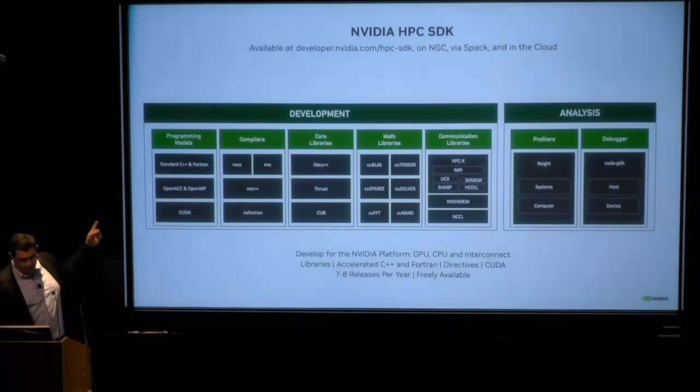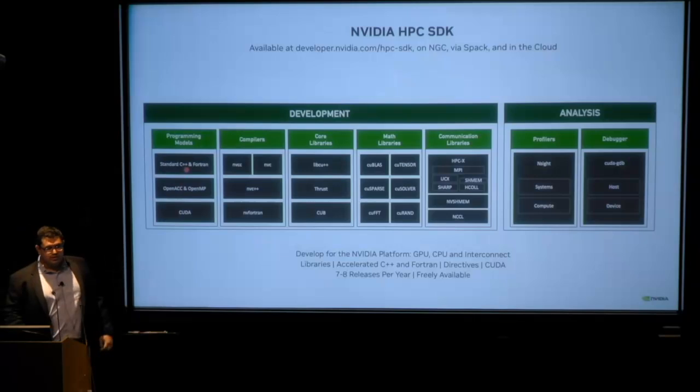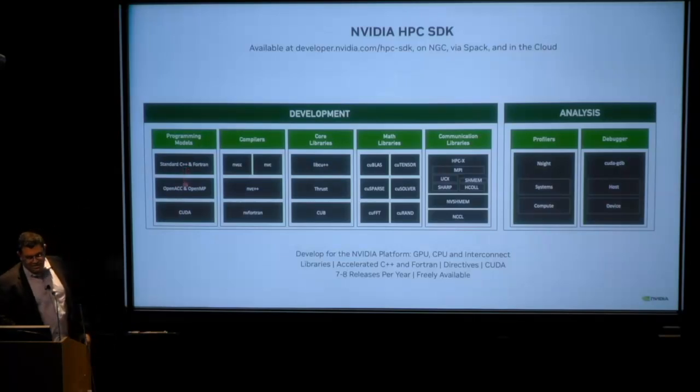Starting on the left are our programming models. It comes with standard C++ and Fortran, OpenACC, OpenMP, as well as CUDA. It also provides compilers for free as well: NVCC for CUDA compiling, NVC for C code, NVC++, and NVFortran.